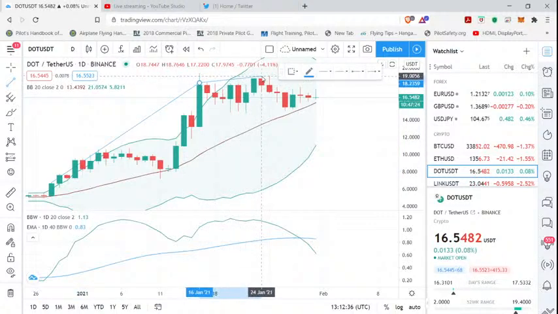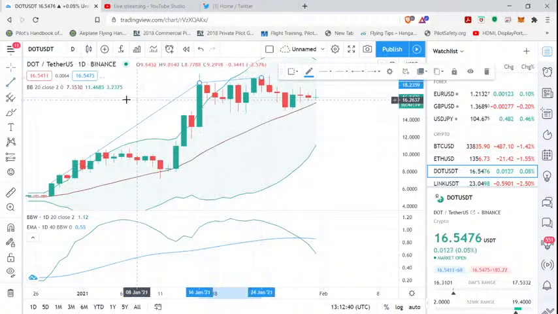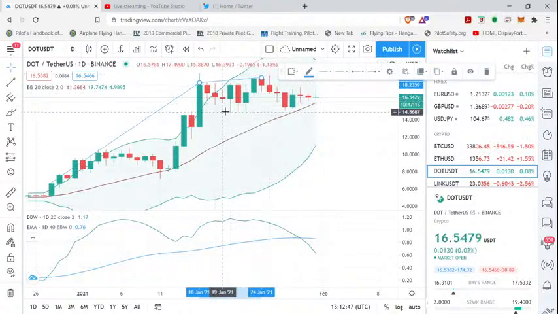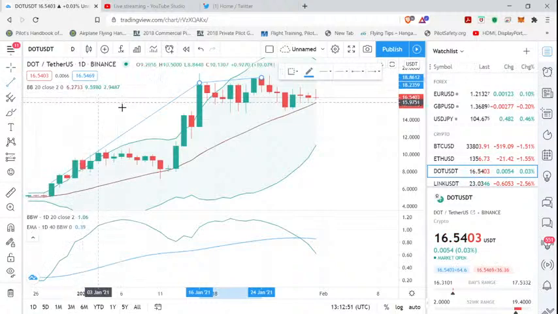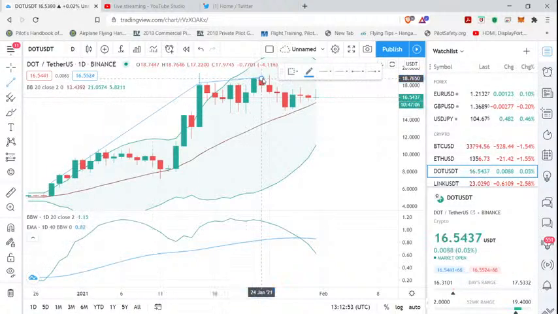One, two. See, it's leveling off. That means selling pressure, downward pressure here. Now we're starting to see an actual reversal. One, and then we look.